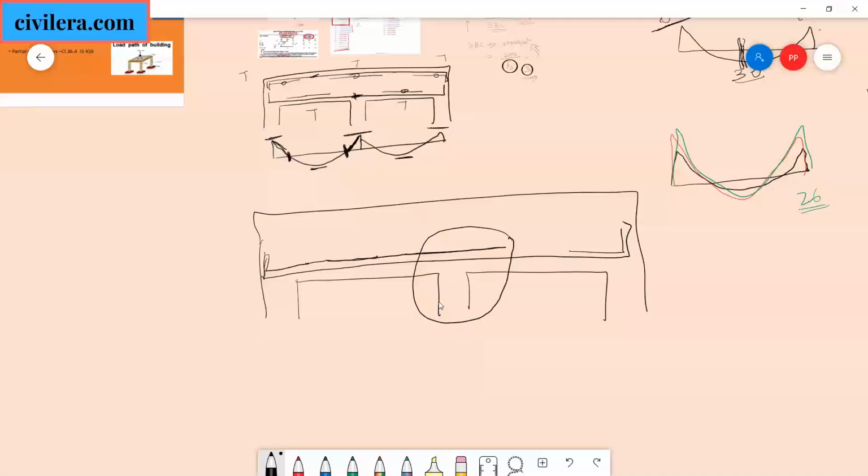Many times when you design only for dead load and live load, you think that if the beam is 2 meter in span, minimum steel, say 2-12, is fine. Yes, but when there is an earthquake and these beams are tucked between two large columns or a shear wall, then the moments in those short beams will be really higher.